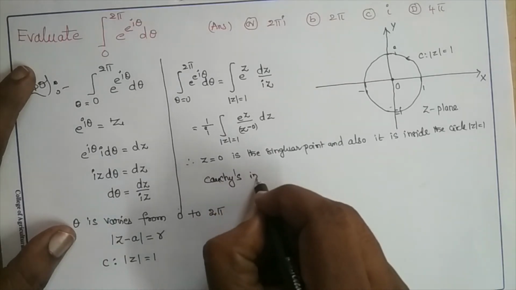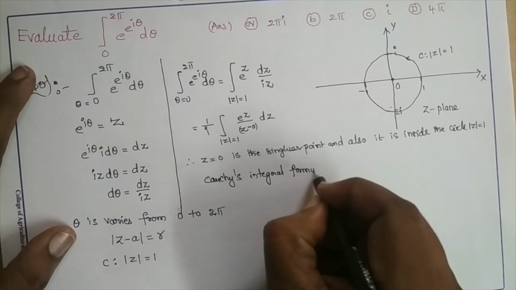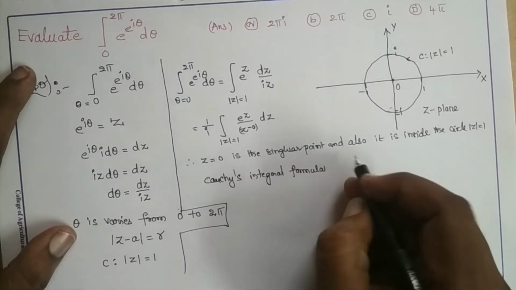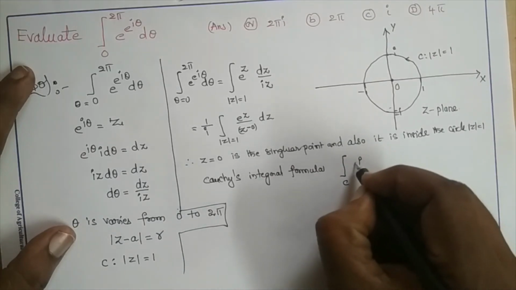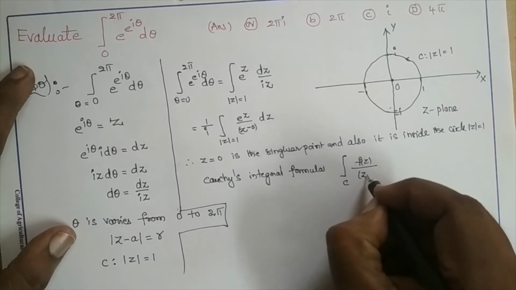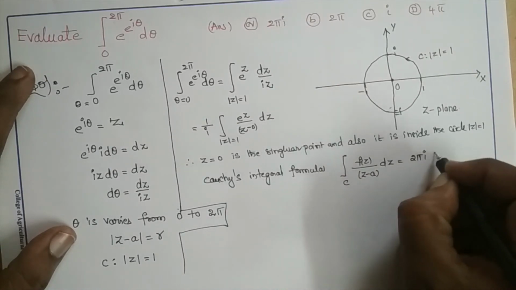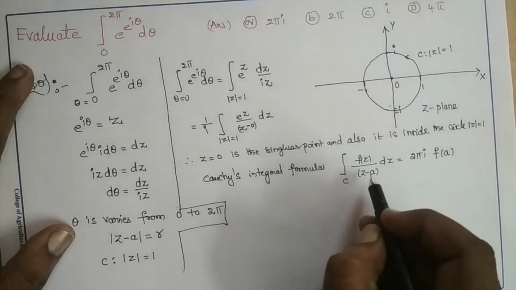Cauchy's integral formula defines the integral over C of f of z by z minus a into dz is equal to 2 pi i into f of a.